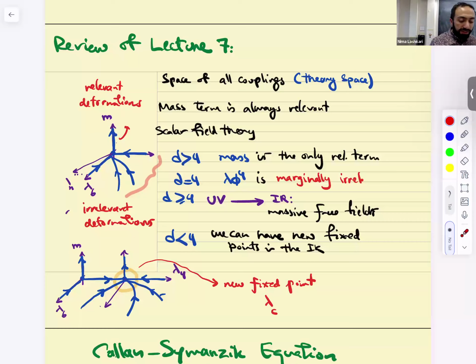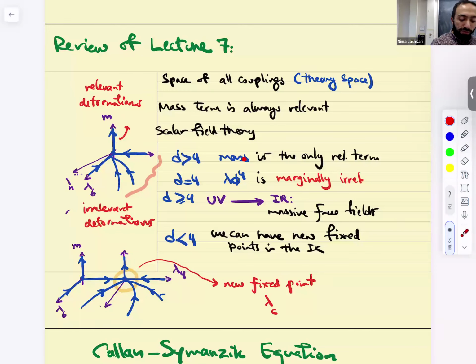In greater than 4 space-time dimensions, we said that the only relevant operator is the mass. So in this infinite dimensional space, under renormalization, this direction is unstable, because under RG it just grows. Every other direction is stable, so they just flow towards this line, if you wish.